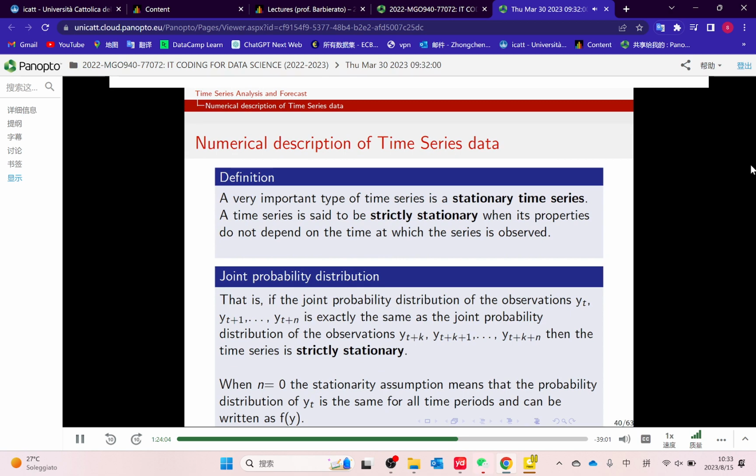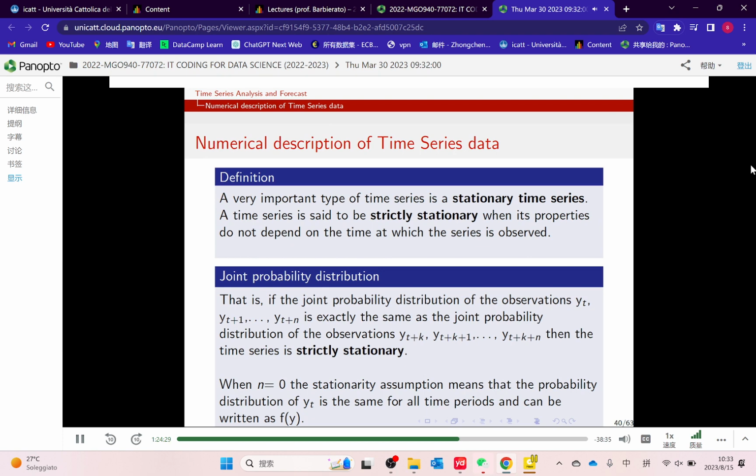Okay, now we come to the joy of time series study. Apart from determining the trend and the seasonality and trying to decrease the variability of your time series, you want to understand if your time series is stationary or not.